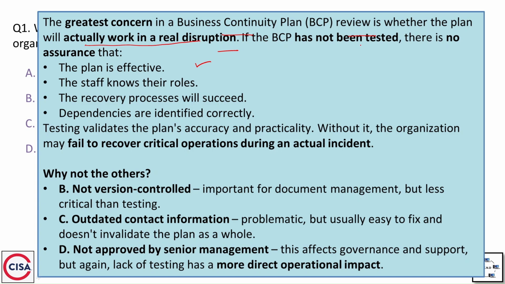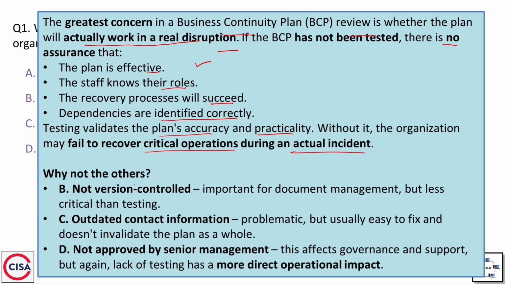If the BCP has not been tested, there is no assurance that the plan is effective, the staff knows their roles, the recovery process will succeed, and the dependencies are identified correctly. Testing validates the plan's accuracy and practicality. Without it, the organization may fail to recover critical operations during an actual incident.